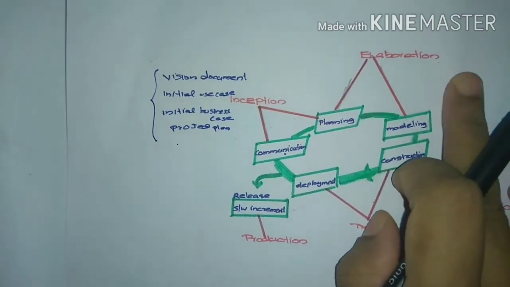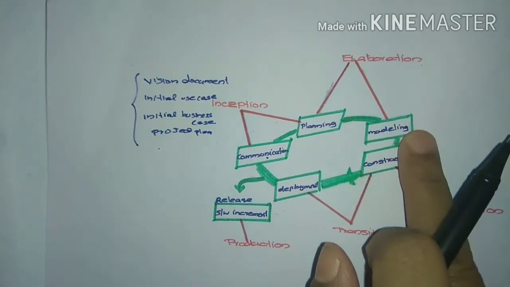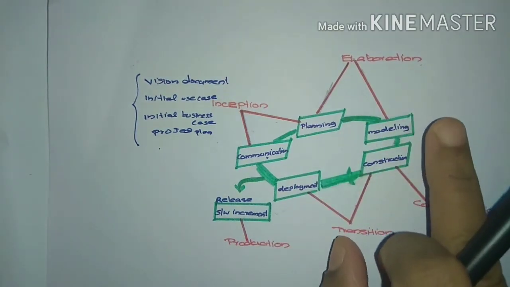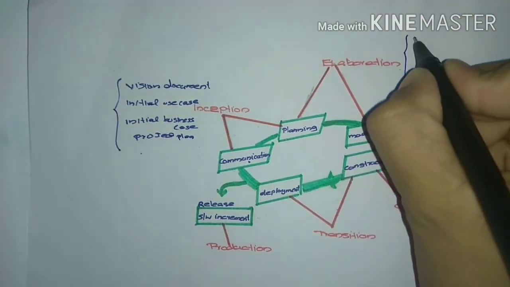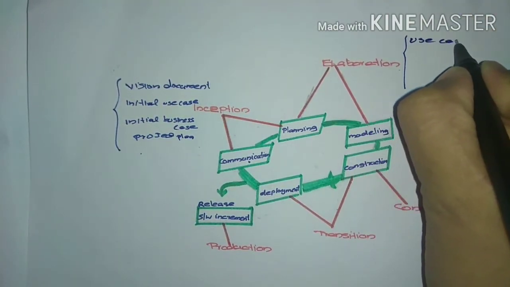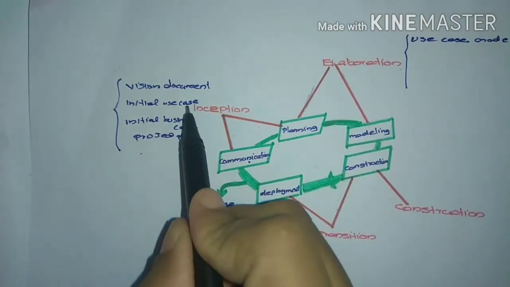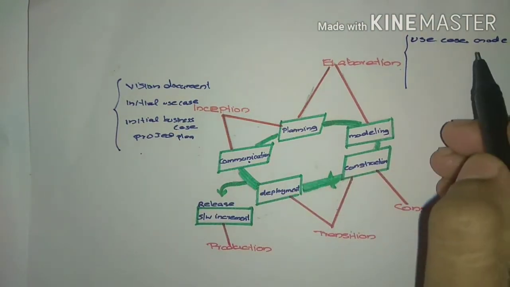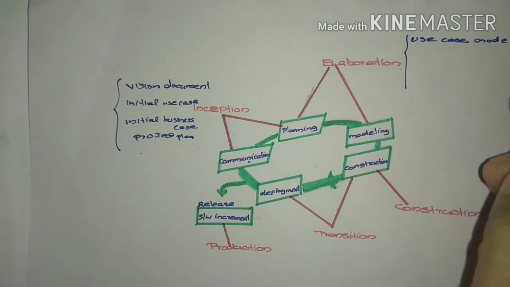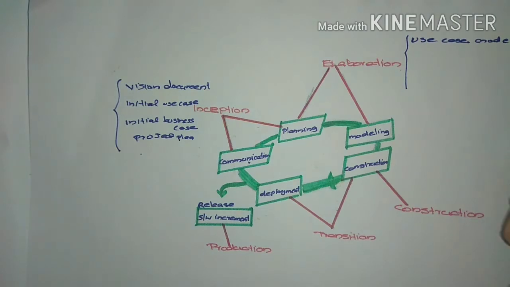Then what is elaboration phase? It contains the features of planning and modeling. It mainly focuses on implementing use case model, that is main use cases. Here we are using initial use cases only. Here main use case models. Mainly focuses on implementing use case model, analysis model, software architecture description, and some project plans like iterative plans, workflows.